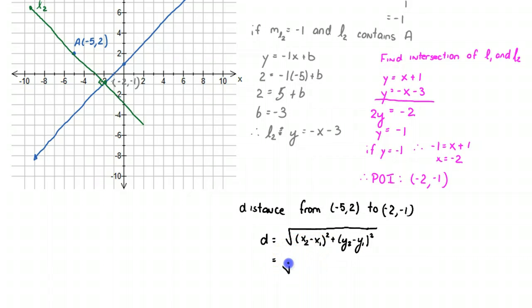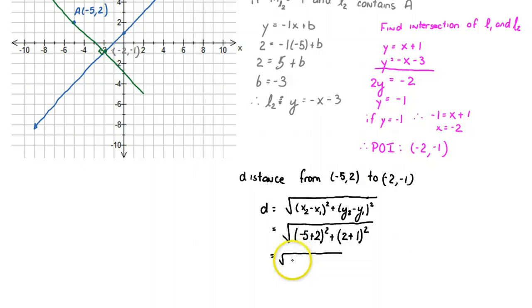So therefore, the square root of negative 5 plus 2 squared plus 2 plus 1 squared, right? Negative 5 minus minus 2, 2 minus minus 1, which is going to be the square root of negative 3 squared is 9 plus 9, which is the square root of 18.